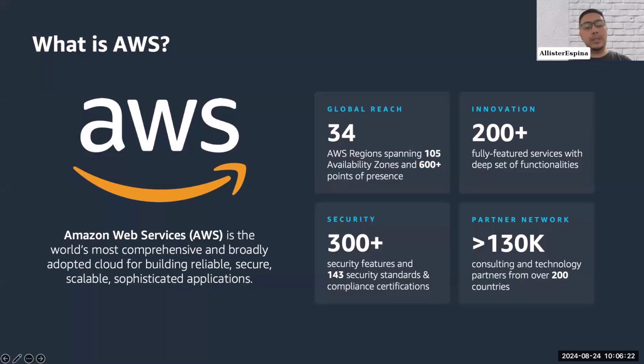And to attest to that, AWS has 143 security standards and compliance certifications, be it from international standards, or even regional or country specific regulations and certifications. And we work with more than 130,000 partners around the world. Why are partners very important? I'll talk about it in a while.